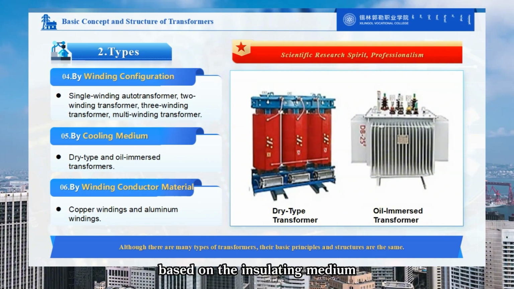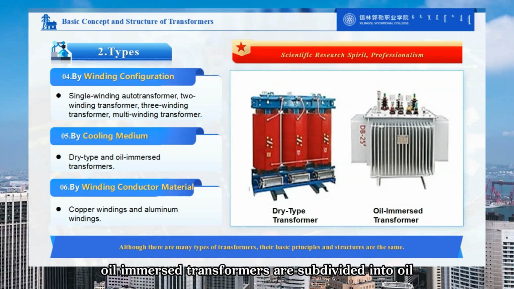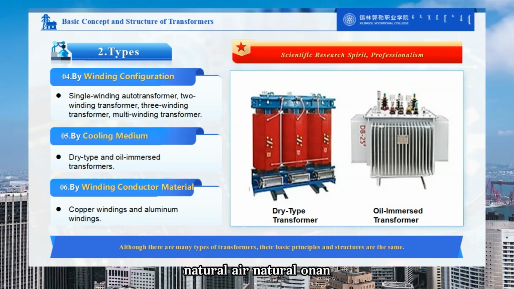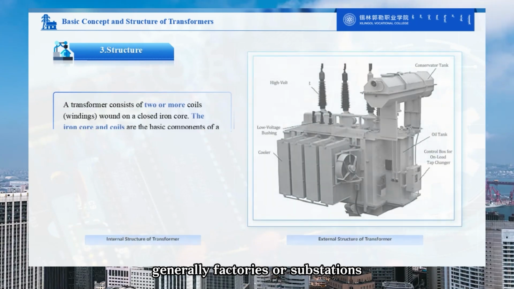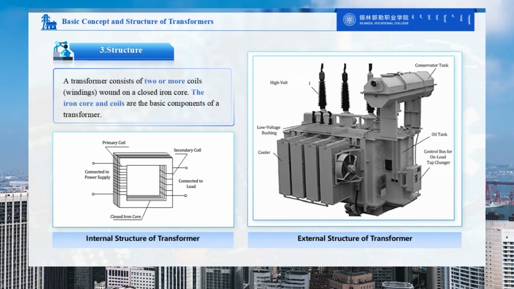Based on the insulating medium, we further classify them as dry type and oil-immersed transformers. Oil-immersed transformers are subdivided into oil-natural-air-natural, ONAN, oil-natural-air-forced, ONAF, and oil-forced-air-forced, OFAF, types. Generally, factories or substations typically use ONAN or ONAF transformers.